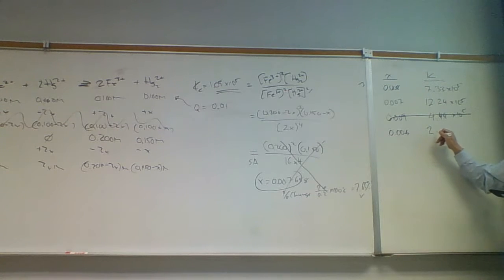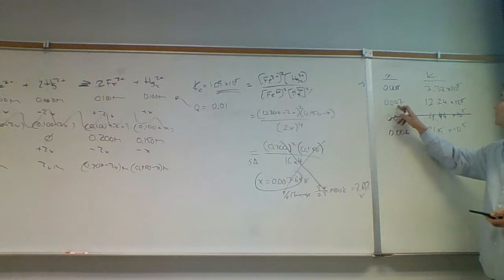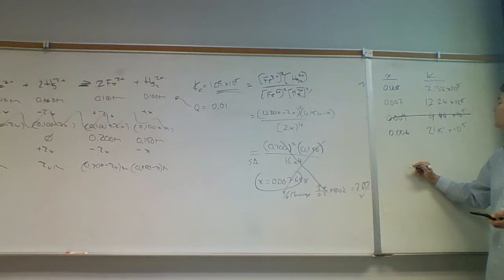What did you get? I get 2.45 times 10 to the fifth, so same. Same. So you were right. We should have gone smaller. I mean, bigger, a little bit bigger than this, perhaps.